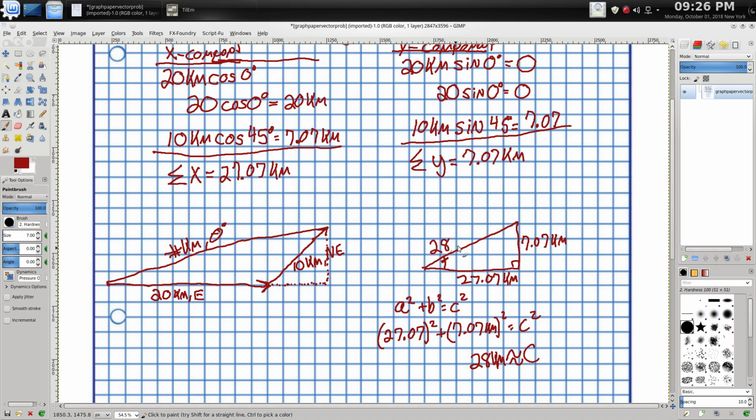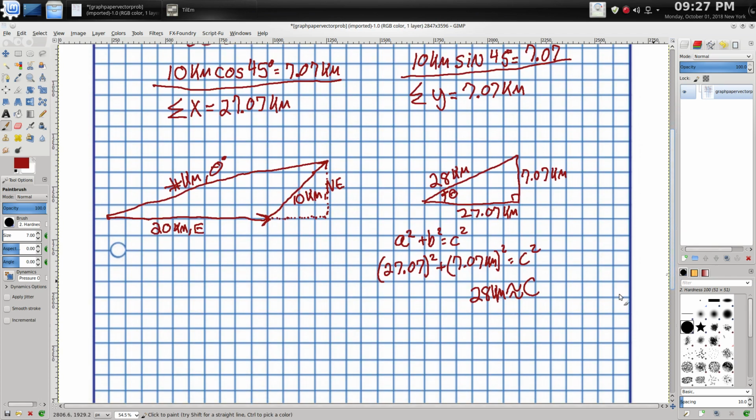Now, that's great, but remember that a vector has magnitude and direction. I've got to get the direction. So let's find this angle right here. This is theta. Theta is equal to the inverse tangent, and it's going to be your short over your long.